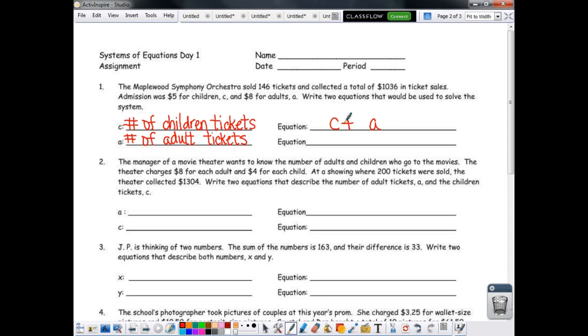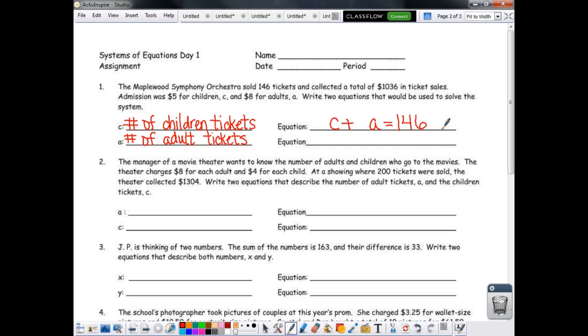And these stand for number of tickets, right? Well, how much did we have in total? 1,036. No, number of tickets. 146, right? So if we add the number of children tickets we sold and the number of adult tickets we sold together, that should equal 146 total tickets.